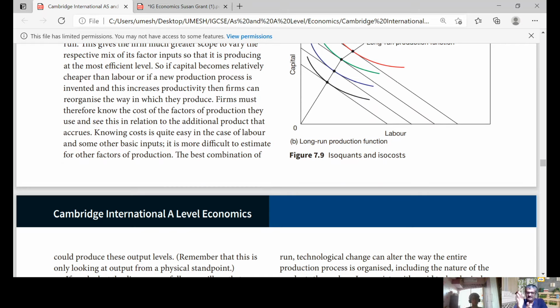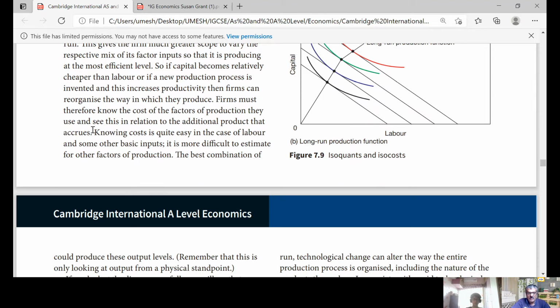When you are changing, Dada should consider all the costs that will be incurred if you are changing all factors of production. So in the firm also, when you are in the long run and making any changes, alteration, or modification in the combination of factors of production, then all the costs involved in that must be known. Otherwise, what will happen?